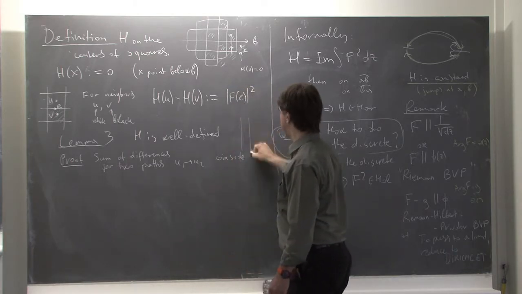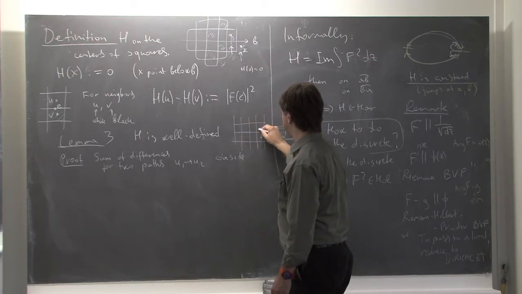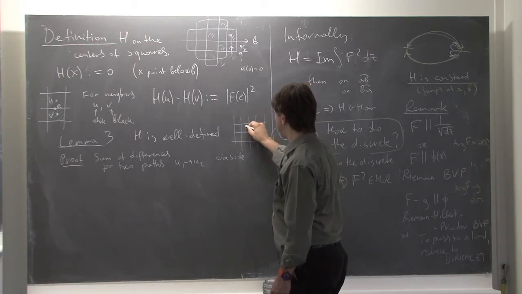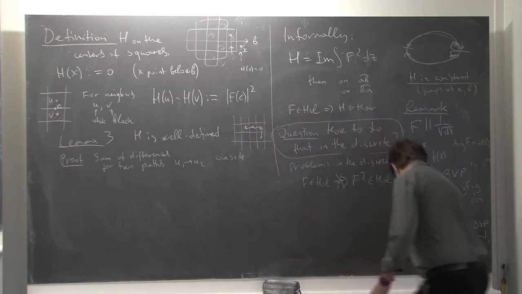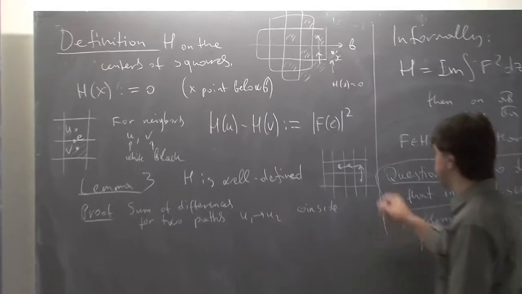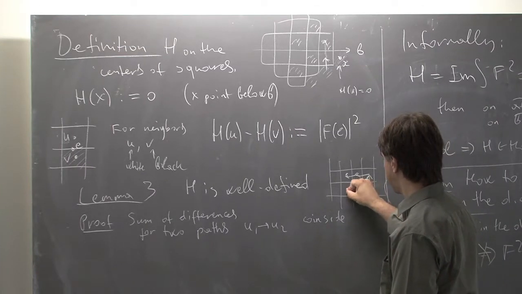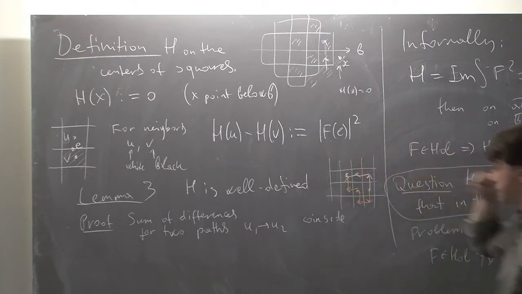So if I have two different paths which go from one point to another, for example like this or like that, then the sums of the differences will coincide.